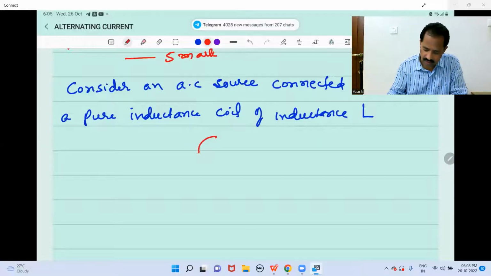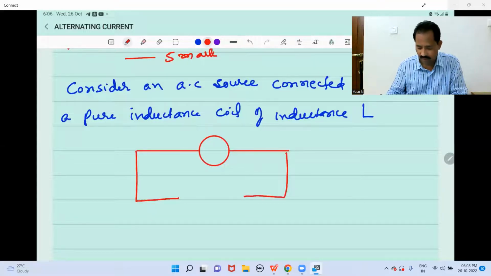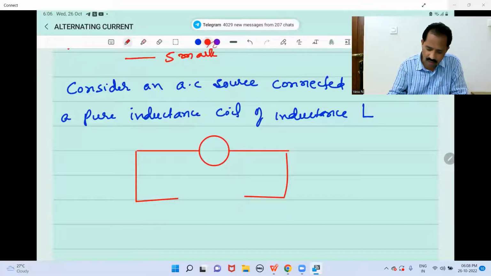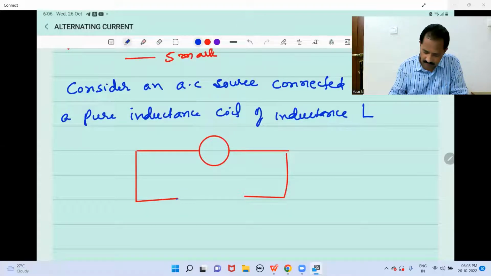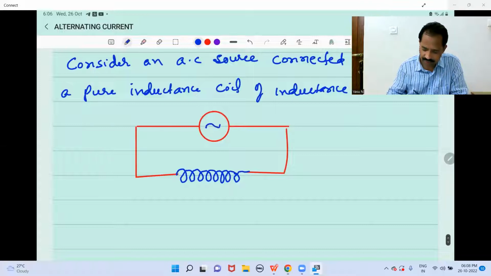So this is the AC source. Now this is a representation of the coil, the inductance coil. And this is a representation of the AC source.